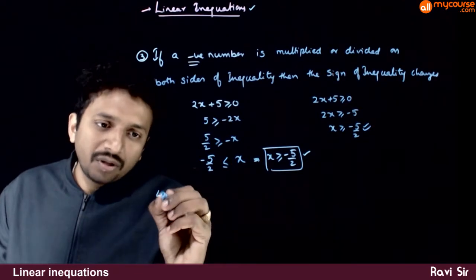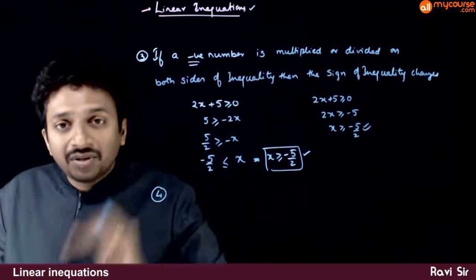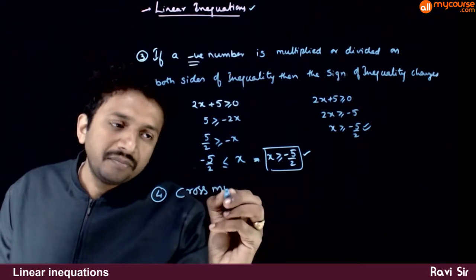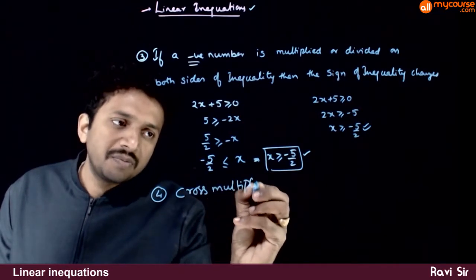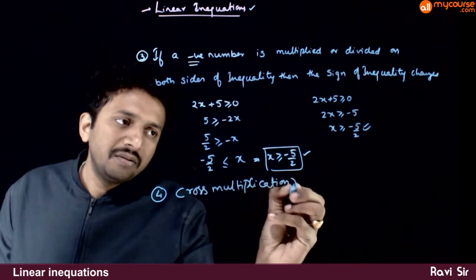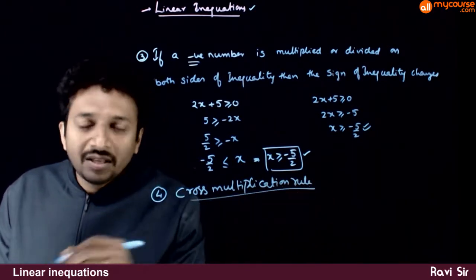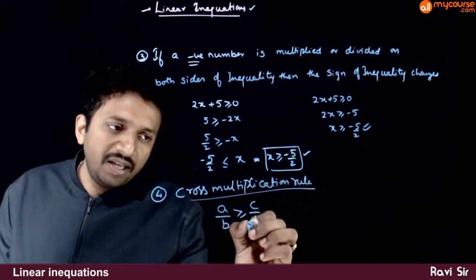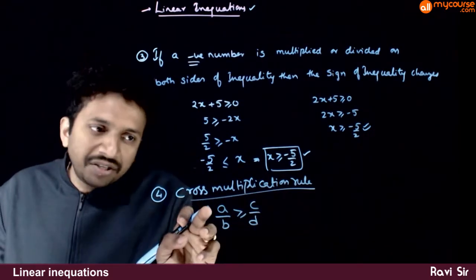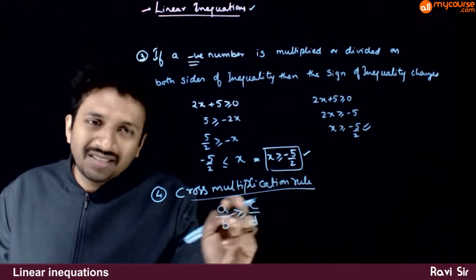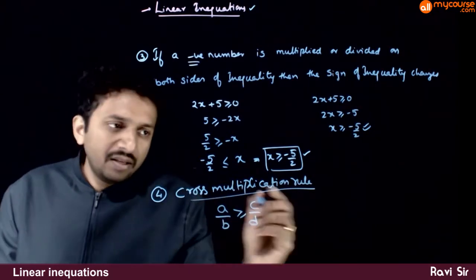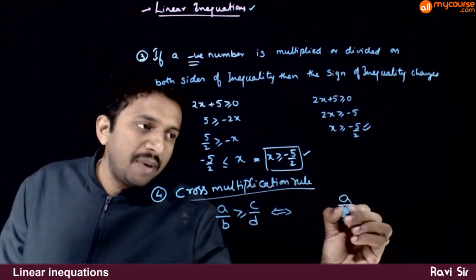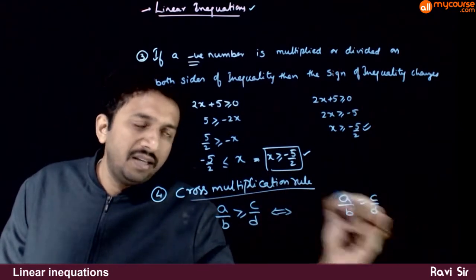So now let us go to the fourth rule, which is again related to this rule, which is called the cross multiplication rule. This says that if A by B is greater than or equal to C by D, if you have a fraction here greater than or equal to, or less than or equal to, some fraction here, how do we compare it with the solution of A by B equal to C by D?